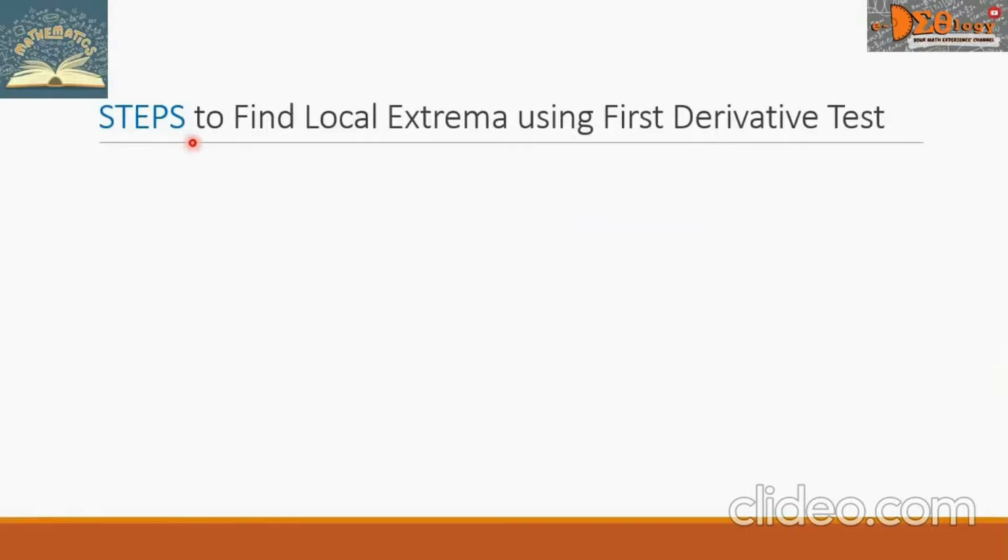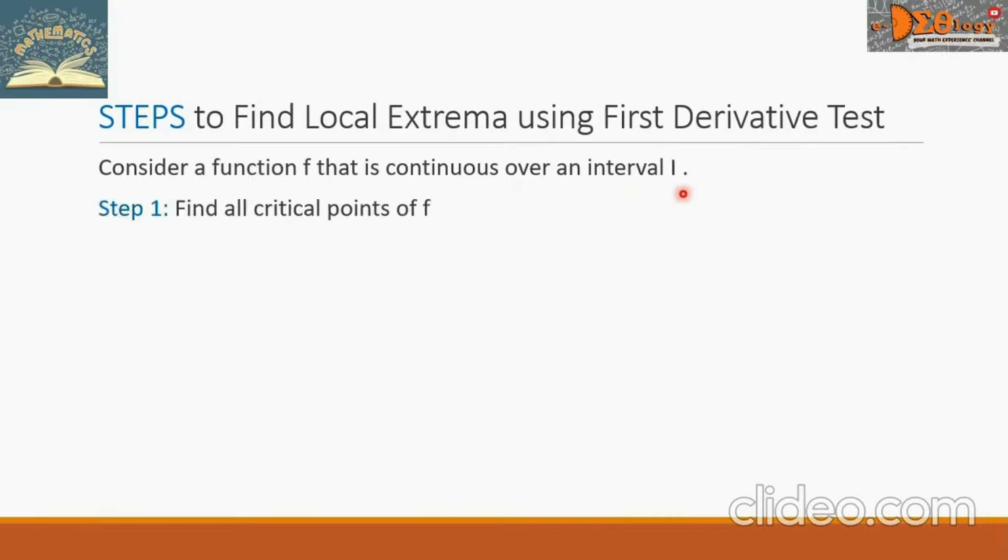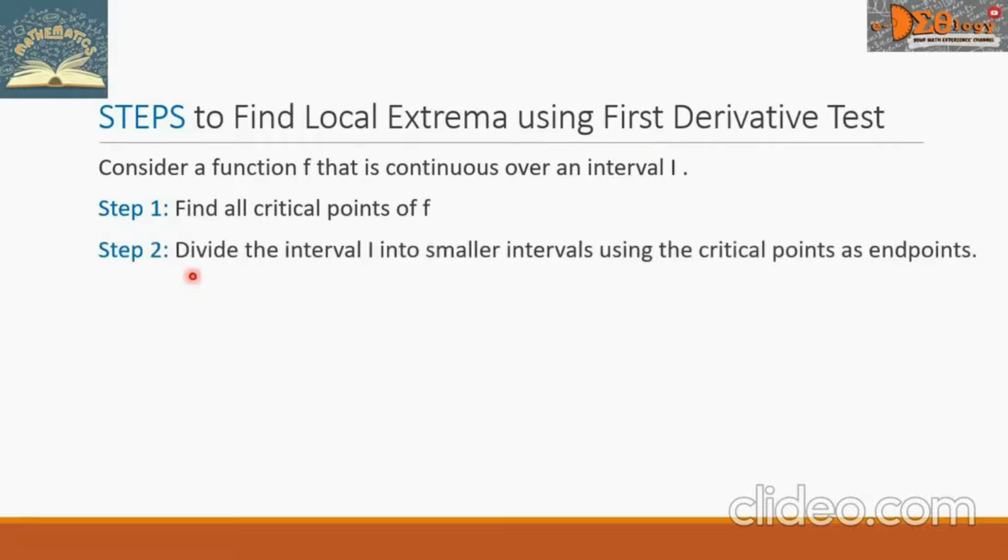Here are the steps to find local extrema using first derivative tests. Consider a function f that is continuous over an interval I. Step 1. Find all critical points of the function f. Step 2.